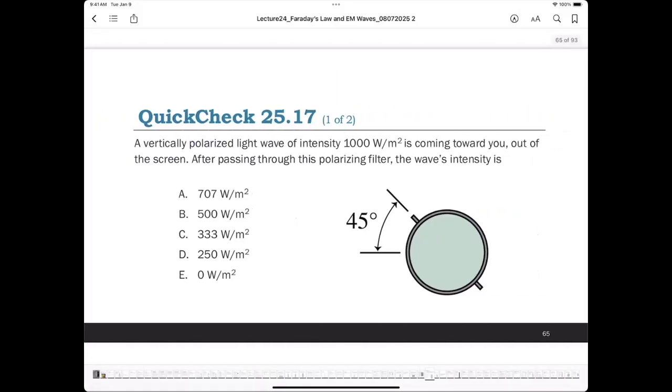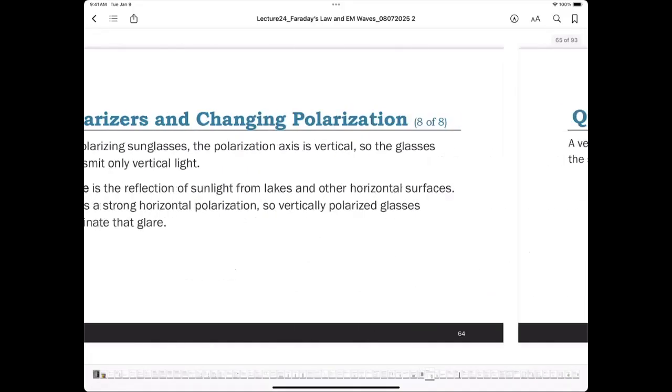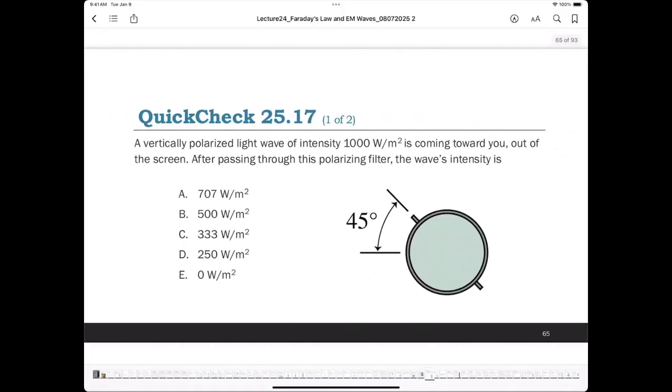Okay, let's check some questions. Vertically polarized light with intensity 1000 W/m² is coming toward you, out of the screen. After passing through the polarizing filter, the wave's intensity is which one?